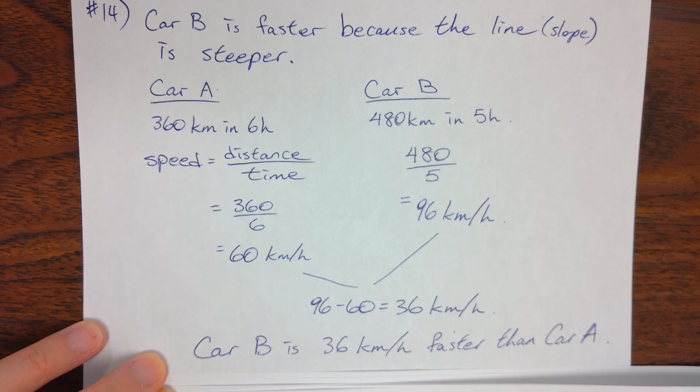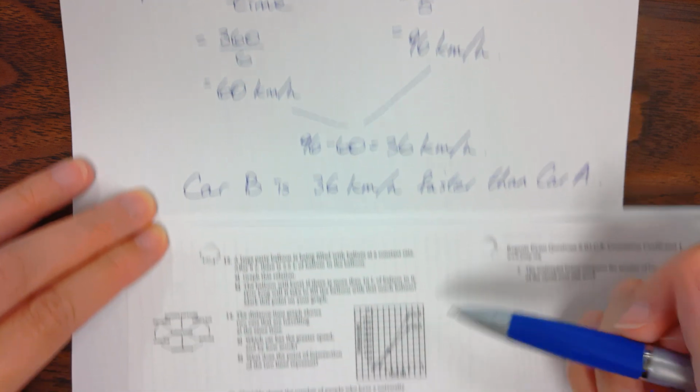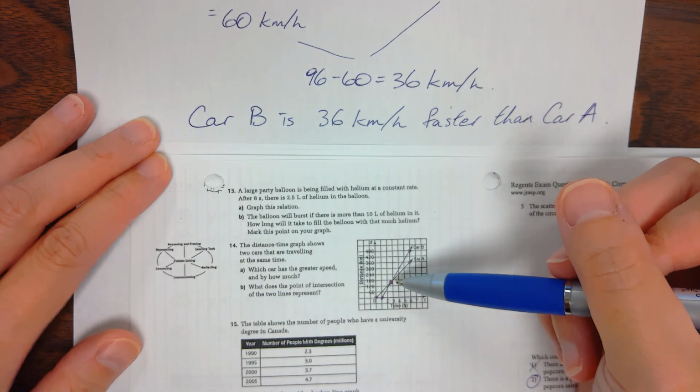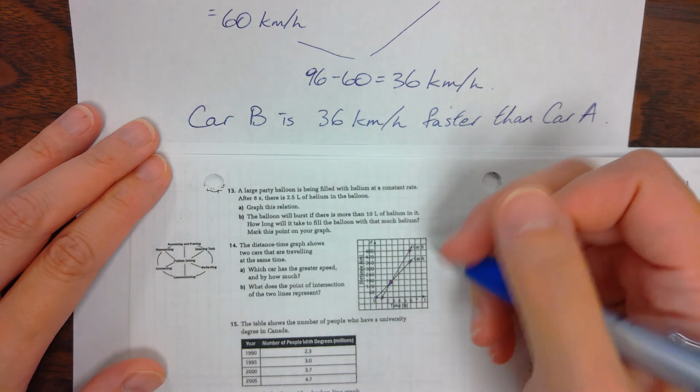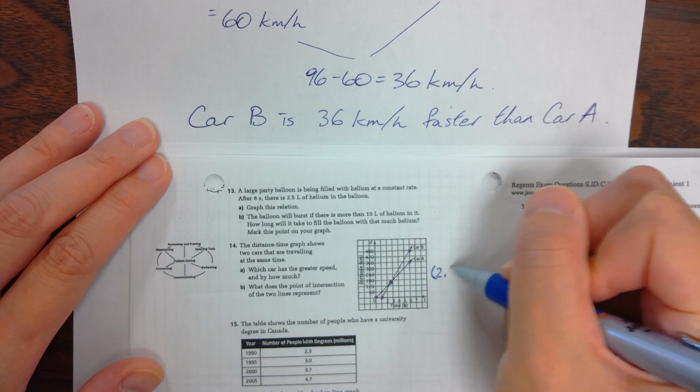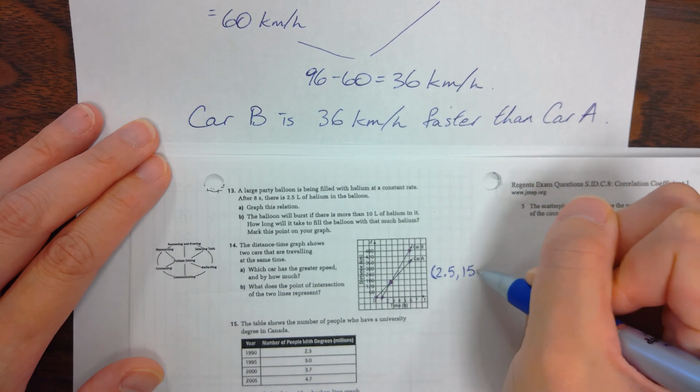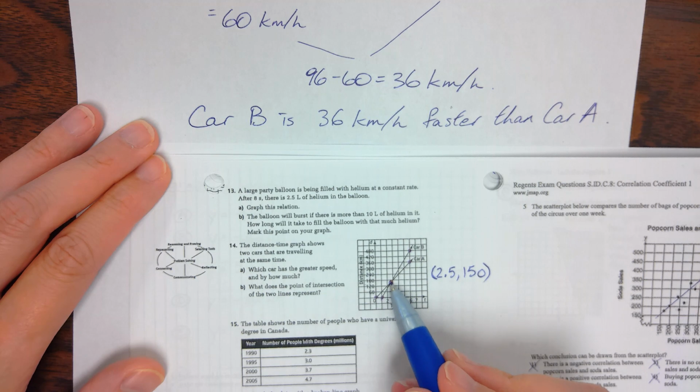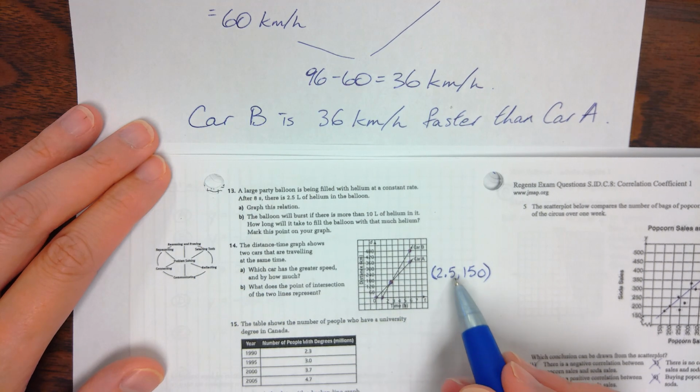Okay. And then part B of the question says, what does the point of intersection of the two lines represent? Okay, so this point right here, the coordinate of this point is 2.5 and 150. That's the coordinate of this intersection point. Right?